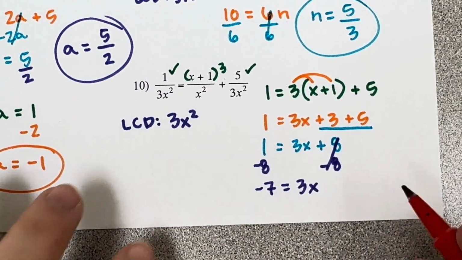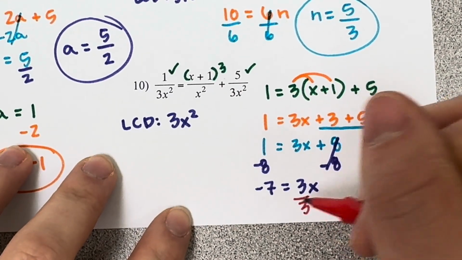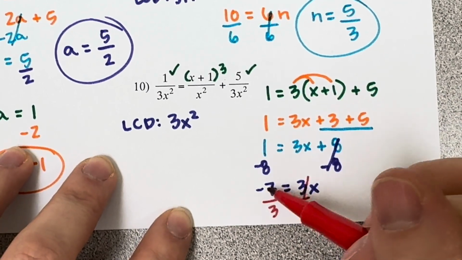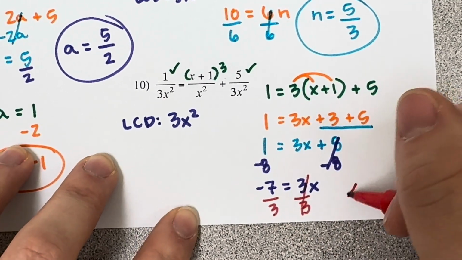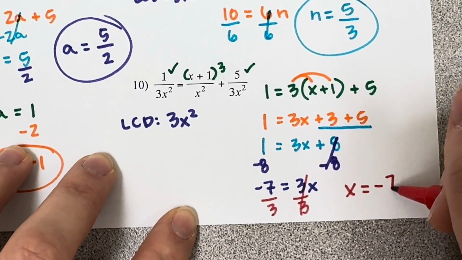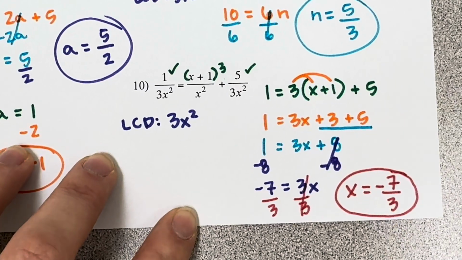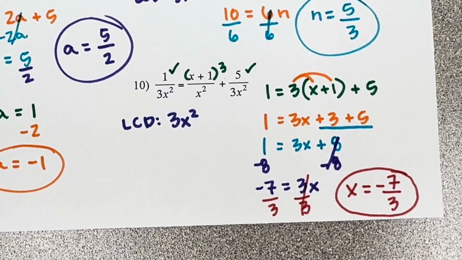Okay, and then my last step, opposite of times by 3 is divide by 3. And this right here is a fraction we can't reduce, so it is our final answer. X equals negative 7 thirds.